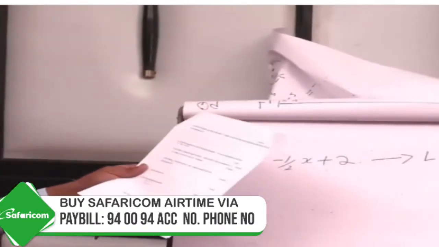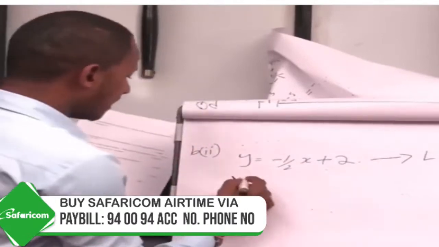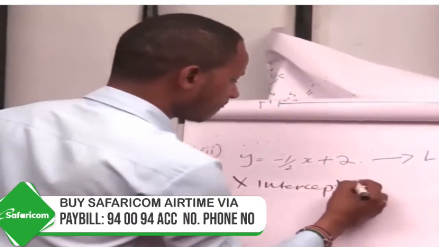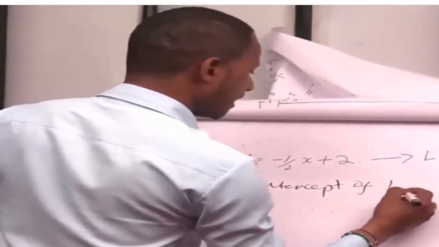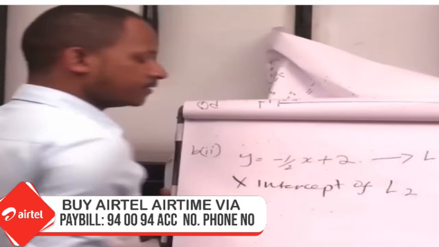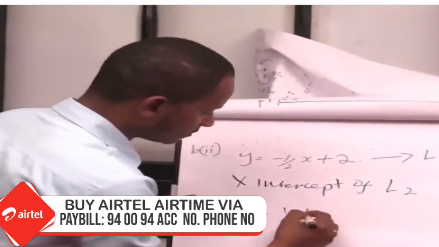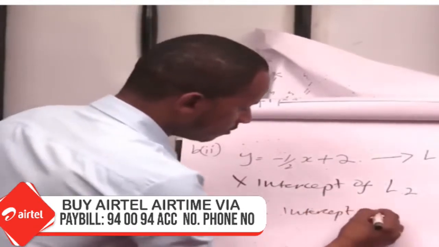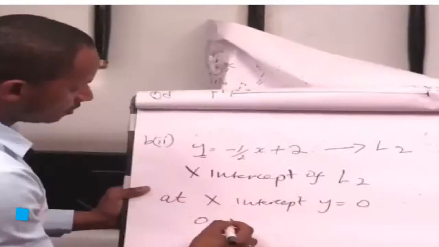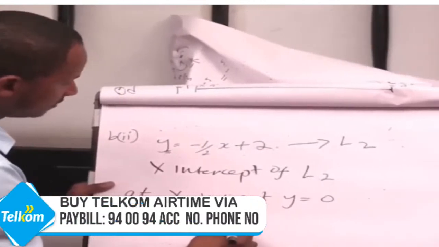So the question says, find the x-intercept of L2. At the x-intercept, note this, y equals 0. Then just replace here: 0 equals minus a half x plus 2.